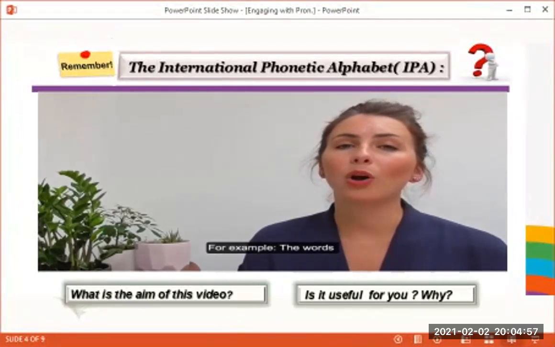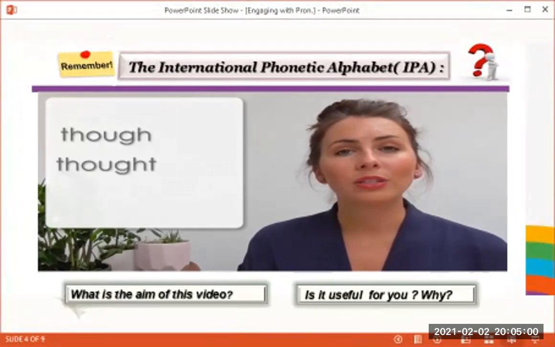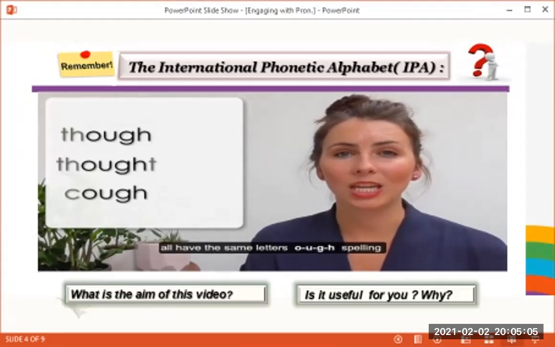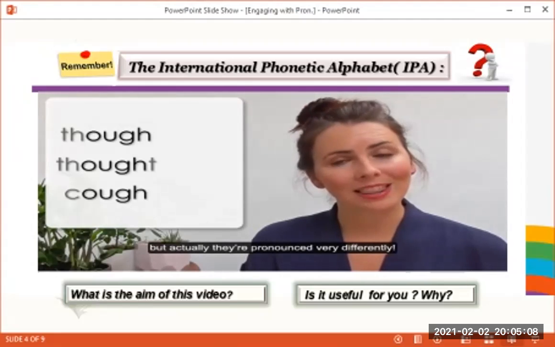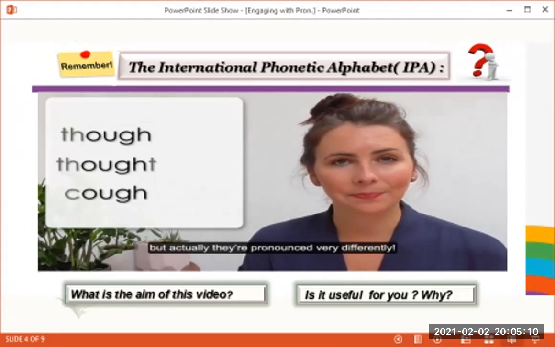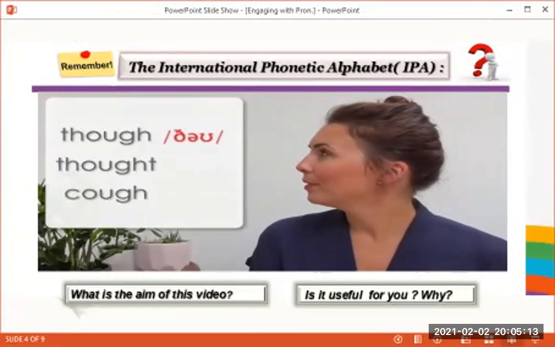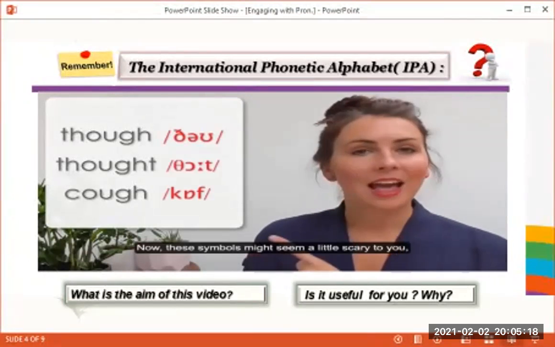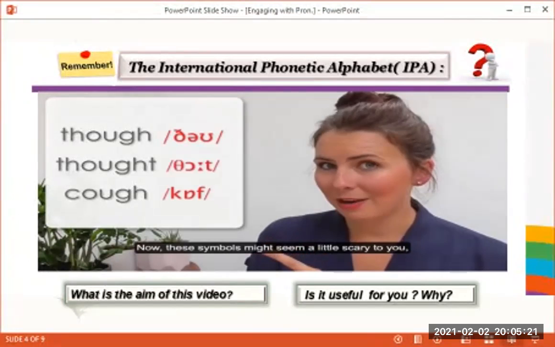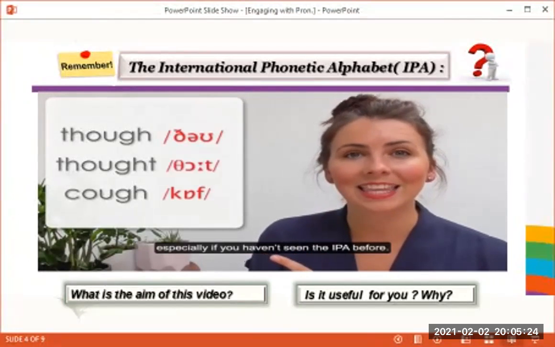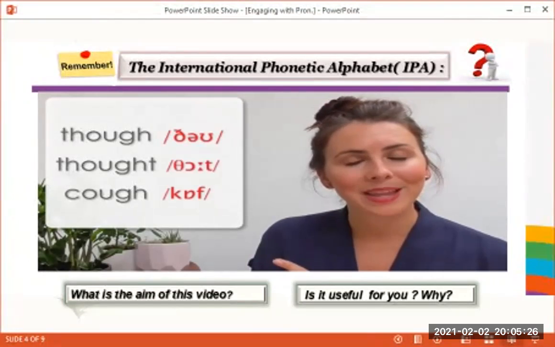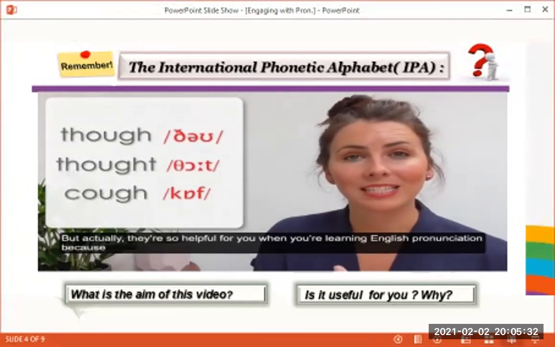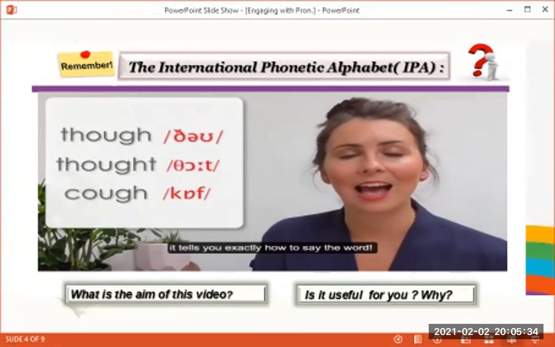For example, the words though, thought, and cough all have the same O-U-G-H spelling, but actually they're pronounced very differently.